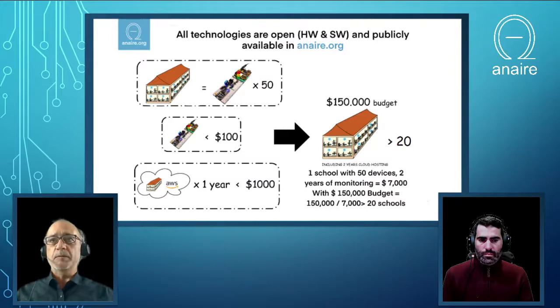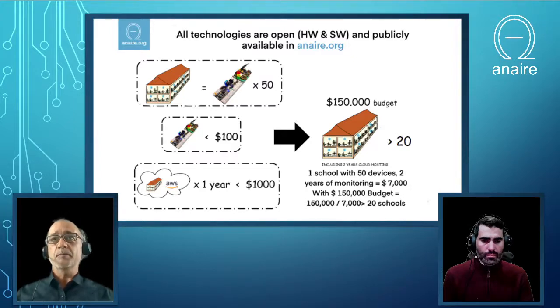Each device will cost less than $100, and the cloud costs will be under $1,000 for 1 year. So with $7,000 we will be able to cover an institution for at least a couple of years.